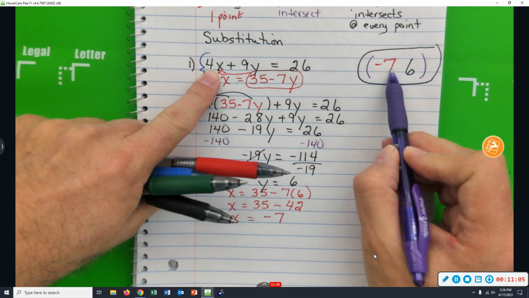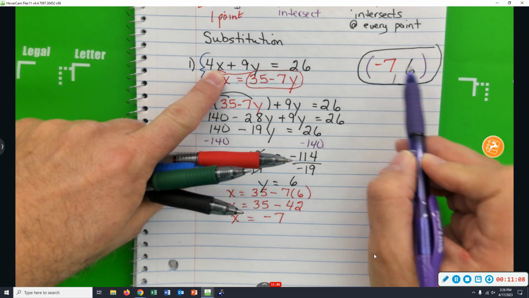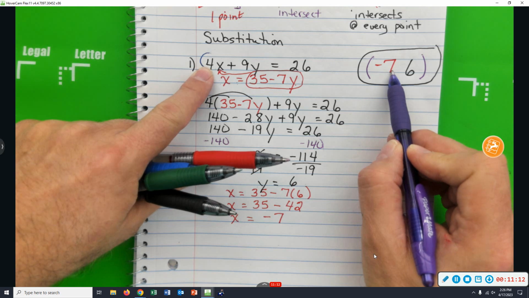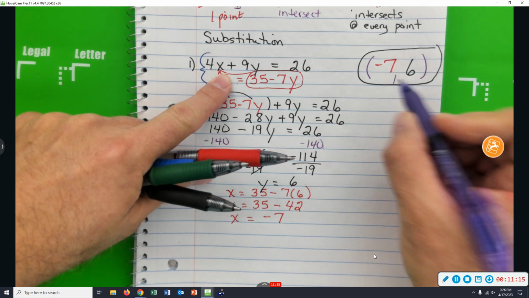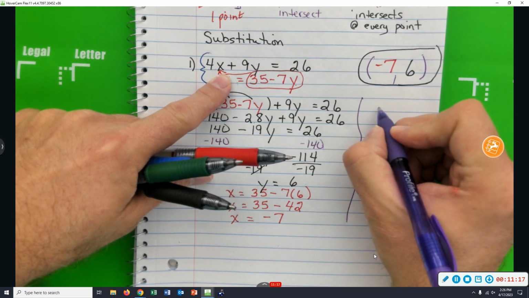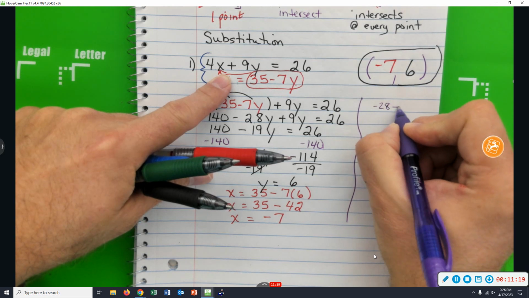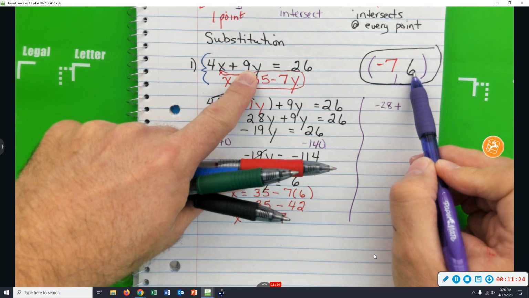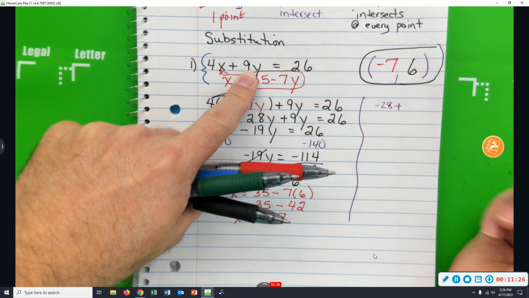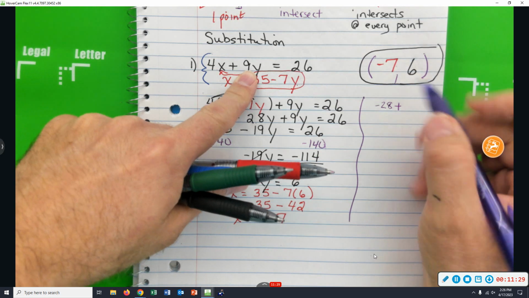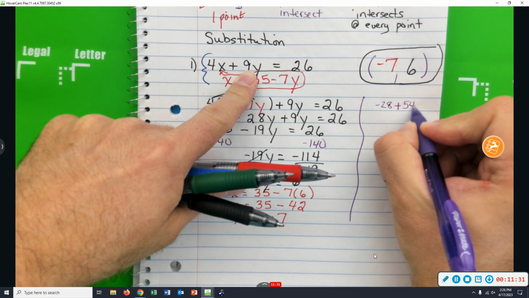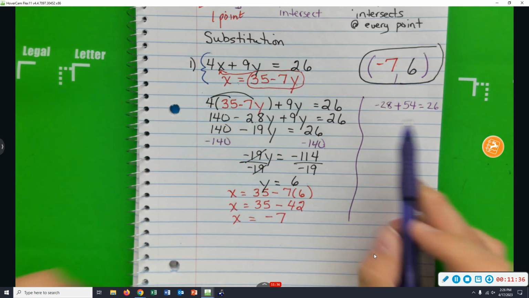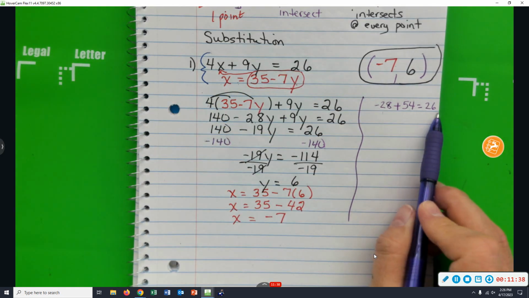Like if I plug the -7 in for the black x and the 6 for the black y. 4 times -7 would be -28 plus 9 times 6 is 54. Does that equal 26? Yes. -28 plus 54 is 26.